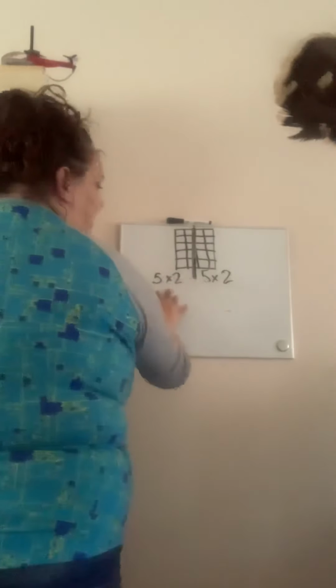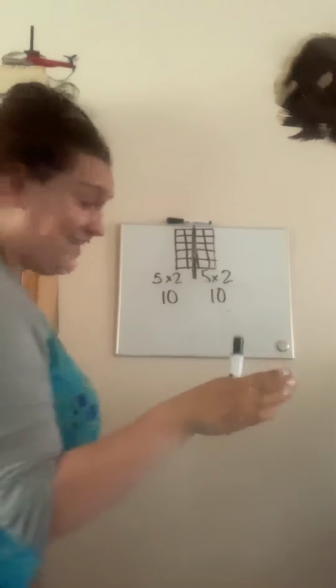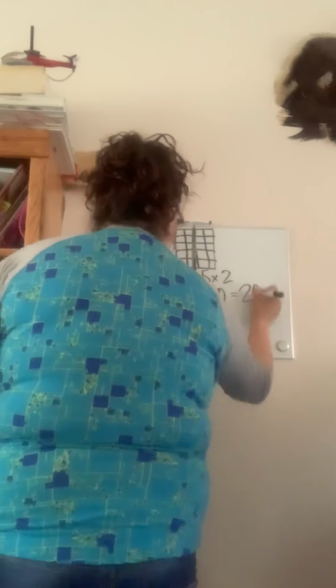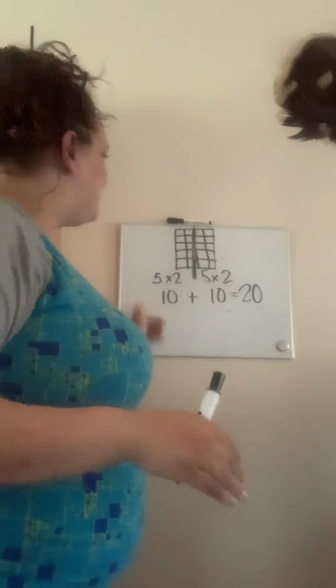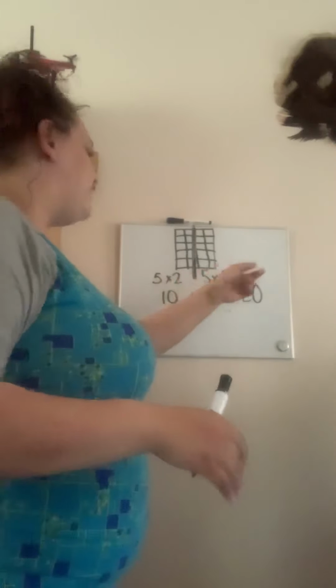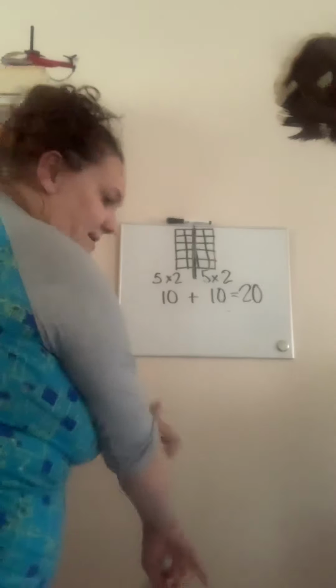Now I know 5 times 2 equals 10, and 5 times 2 equals 10. Doubles. Nice and easy. So then I go 10 plus 10 equals 20. Nice. That's one way that I could do it because I knew 5 times 2, and then add that together, okay?